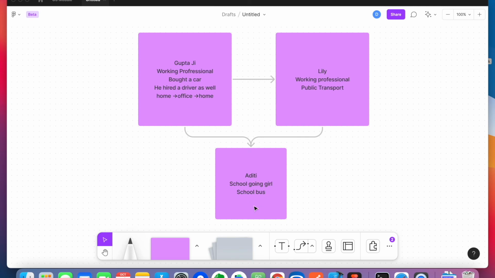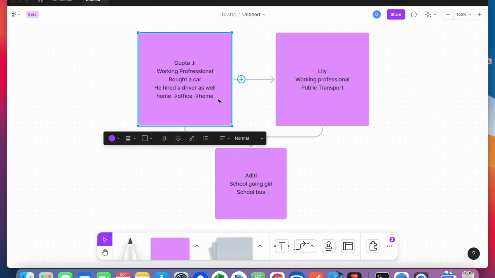Aditi used to come from school to home, and Lily also was using public transport to get back home. So what did Gupta ji do? Gupta ji understood very well that his driver is sitting idle in between those times.